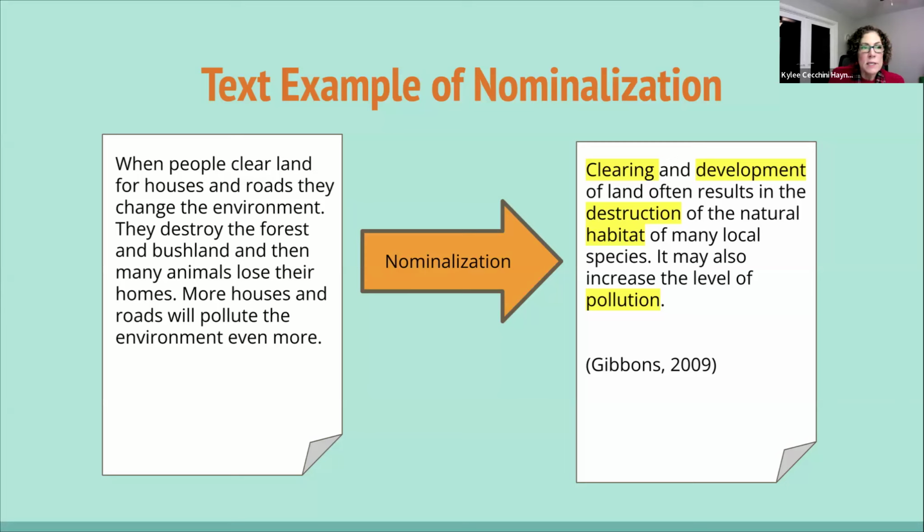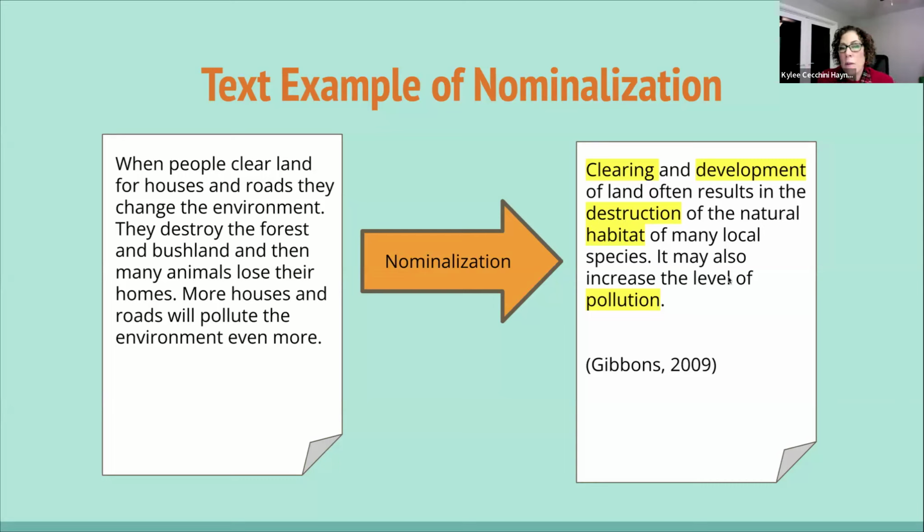So the first example: when people clear land for houses and roads, they change the environment. They destroy the forest and bushland, and then many animals lose their homes. More houses and roads will pollute the environment even more. If you were doing your subjects and verbs, they're close together.